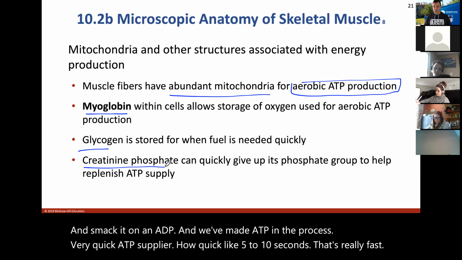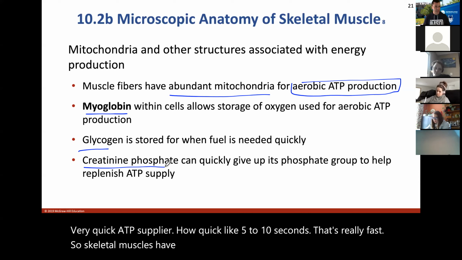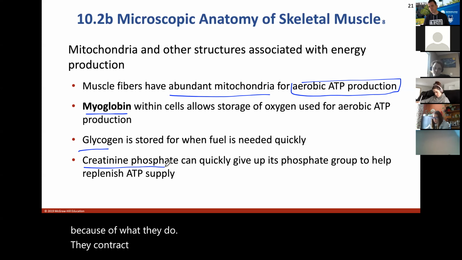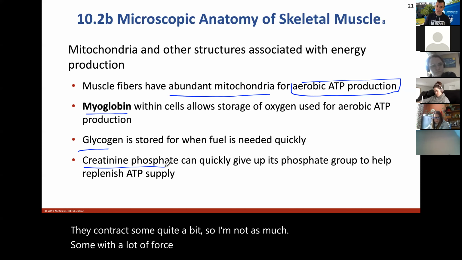So skeletal muscles have a great deal of adaptations that we see in them because of what they do. They contract, some quite a bit, some not as much, some with a lot of force, some with not as much force.